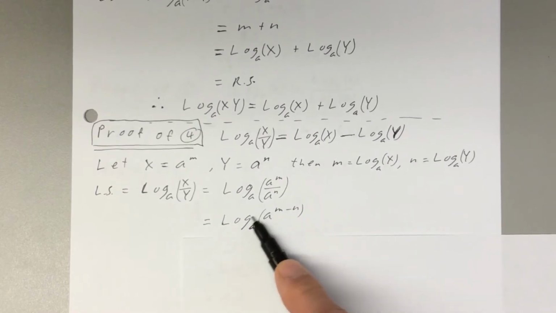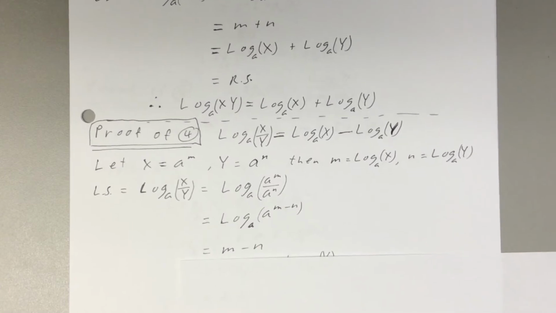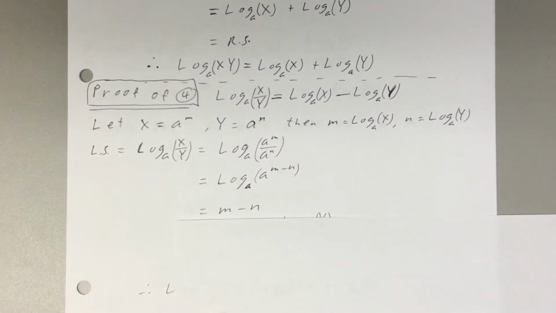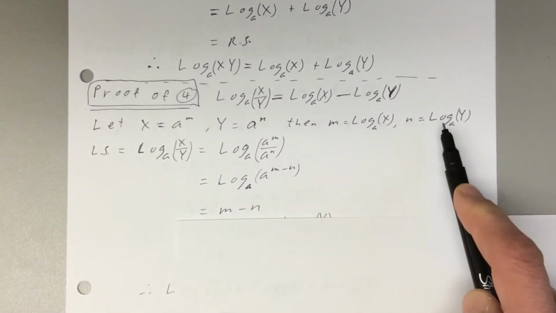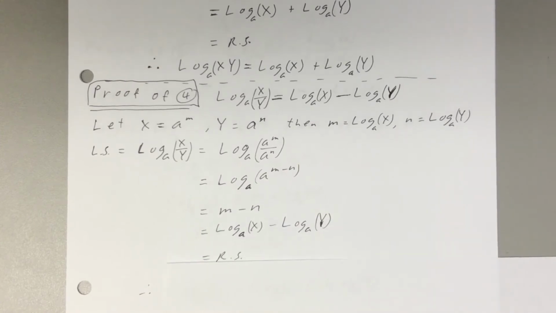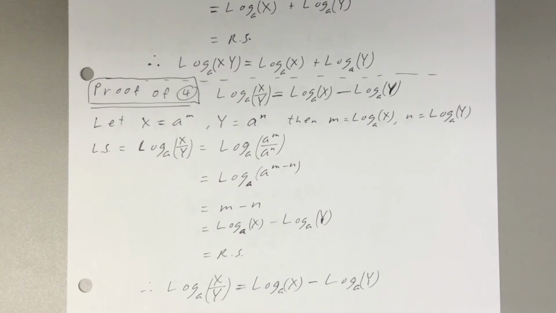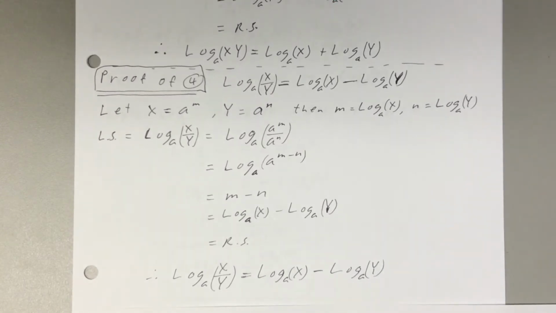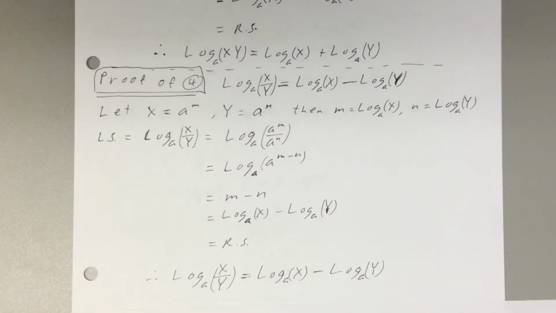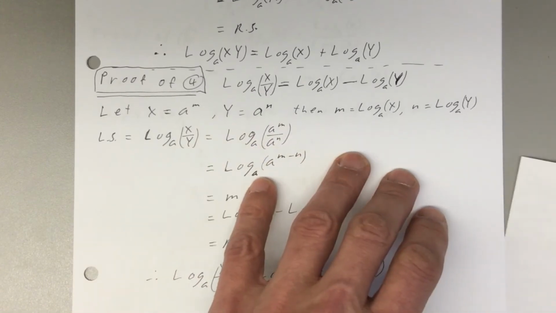And now because we have the same base here, we're going to use the first law again, and it just gives us m minus n. m is this, and n is this, and now we have the law. So that is the division to subtraction law.